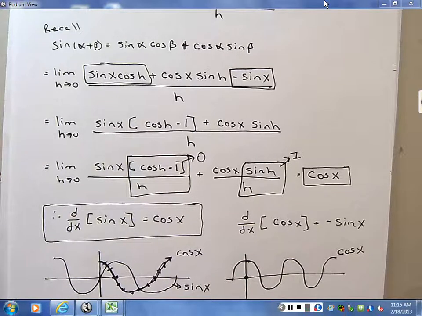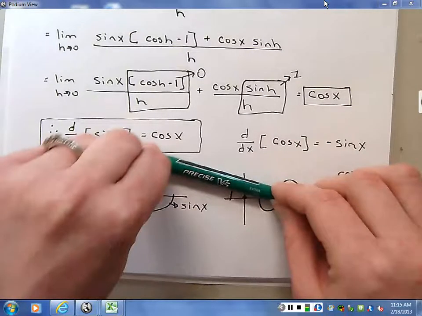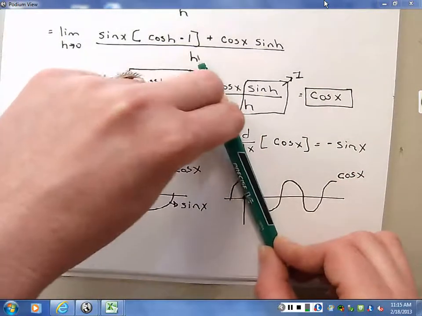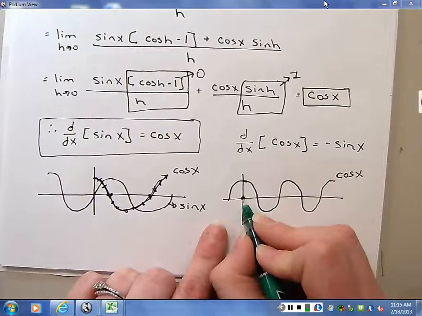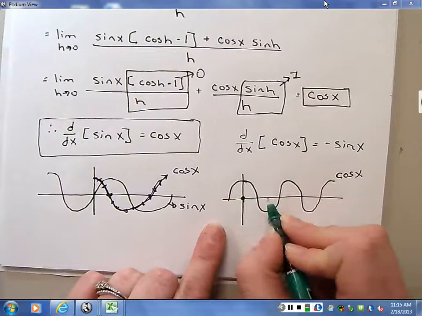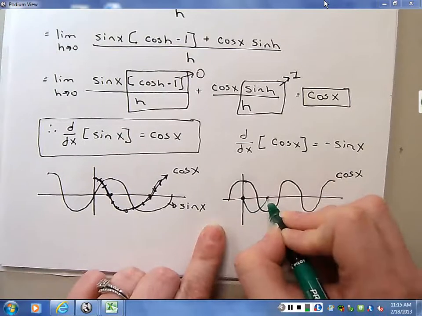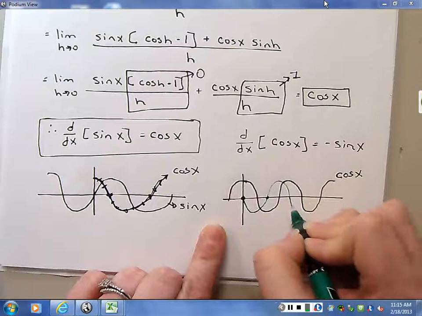So here my slope is 0. What is my slope here? Negative. And then it goes to 0. Then it's positive, then 0, and so forth. So the slope would be negative 1, 0, positive 1, 0, and so forth, right?